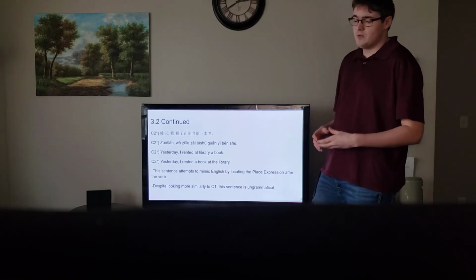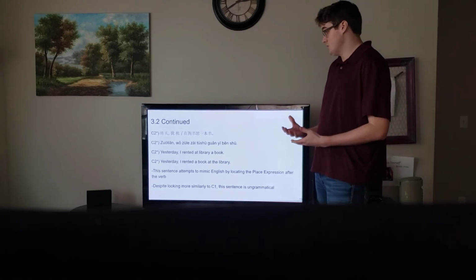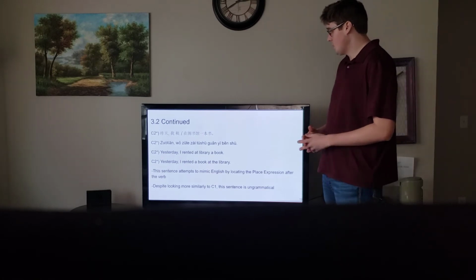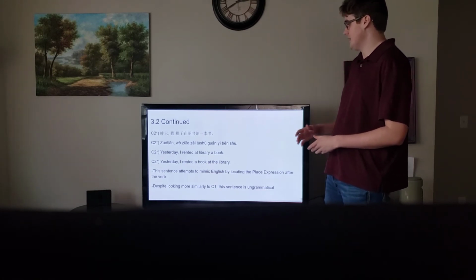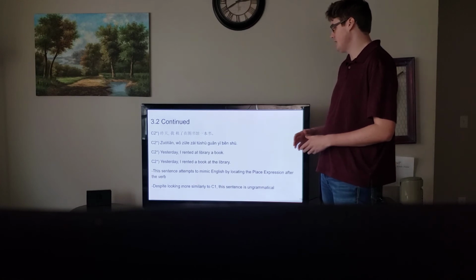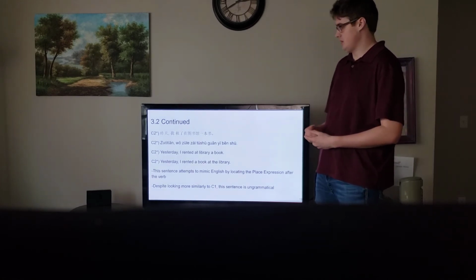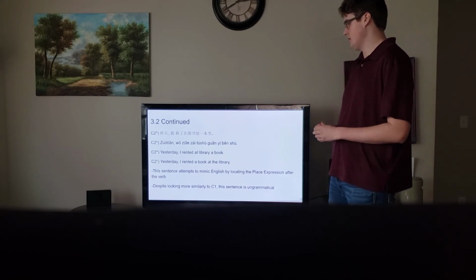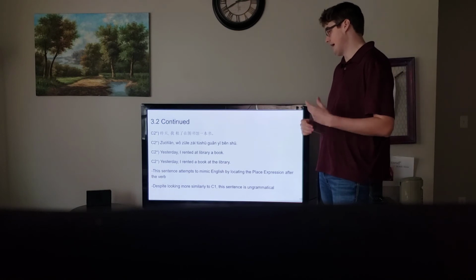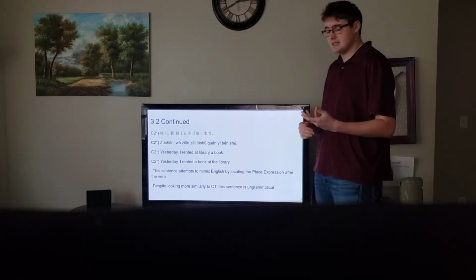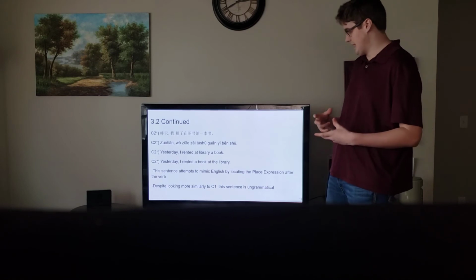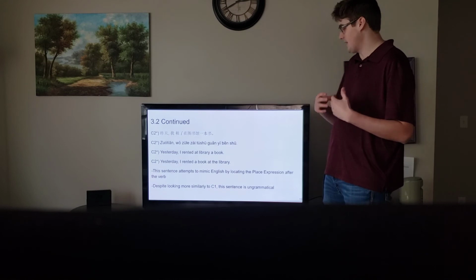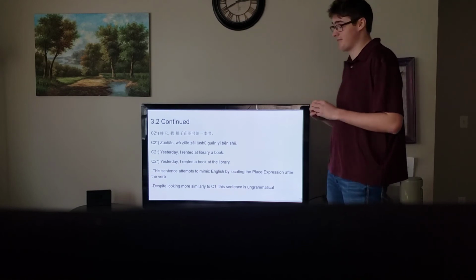However, when we move on to example 2, C2, we can see that this is actually an ungrammatical sentence right off the bat. 昨天我租了在图书馆一本书. Yesterday, I rented at library a book. Yesterday, I rented a book at the library. This sentence attempts to mimic English by locating the place expression after the verb.